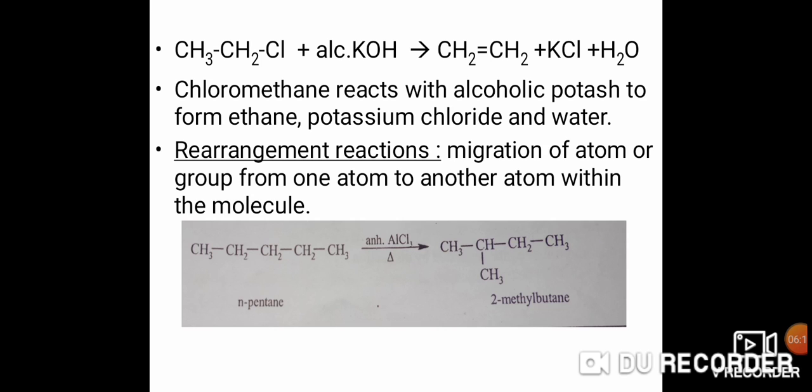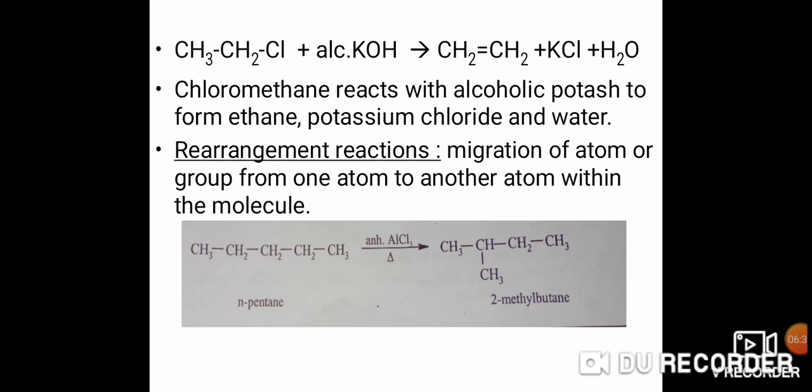The chlorine atom from the first carbon atom reacts with K plus to form potassium chloride, and the hydrogen from the second carbon atom, the CH3, reacts with OH minus to give a water molecule.